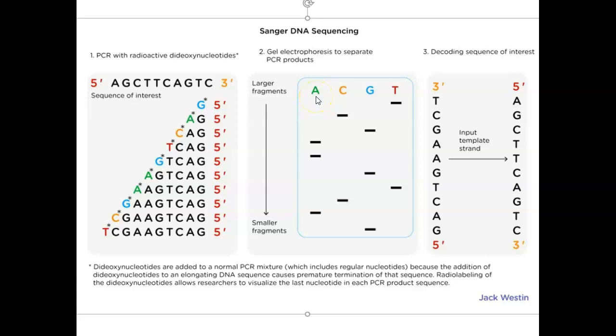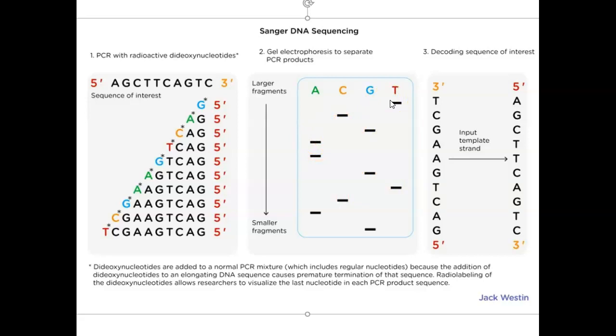And basically, from that point, you would then run a gel and read this from the bottom up, because obviously the shorter base pairs move faster in a gel. So this particular sequence would be read as G, A, C, T, G, A, G, C, T.